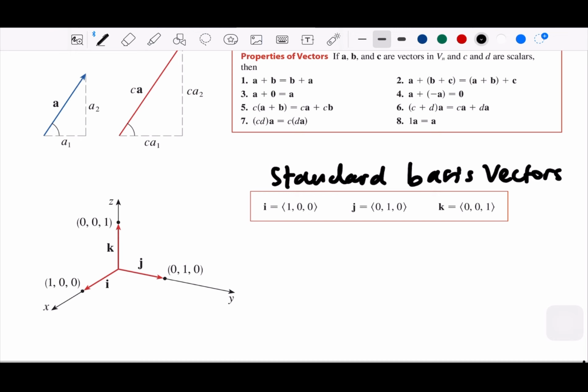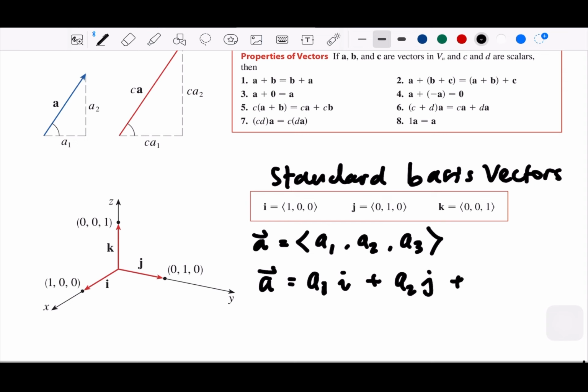We call them i, j, and k. So for example, if a is a1, a2, a3, we can write a as a1i plus a2j plus a3k.